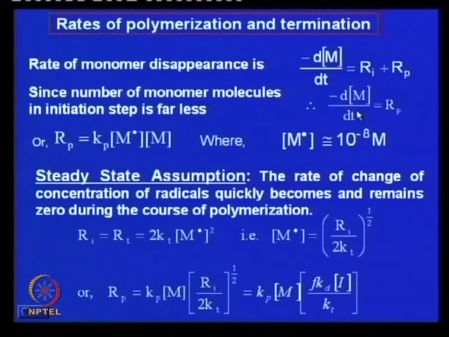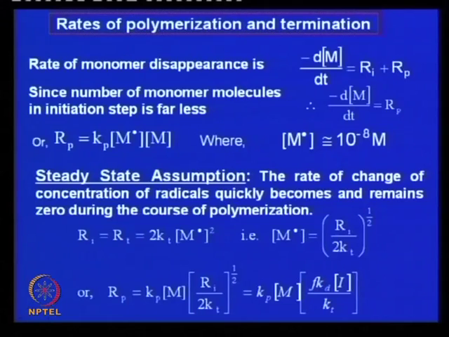The physical significance is like this: once the initiator molecules are decomposed, producing primary free radicals, at any instant of time there may be plenty of primary free radicals in the system. So, simultaneously one can expect initiation of many polymer chains.